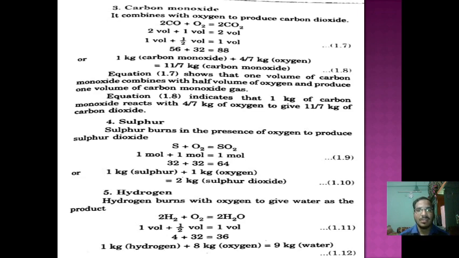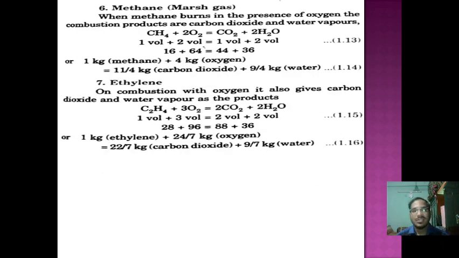Hydrogen oxide, that is water. 1 kg of hydrogen plus 8 kg of oxygen we are using in this air fuel mixture, and then it produces 9 kg of water. Okay. So one thing I am saying to you, 9 kg of water we are producing. Okay.